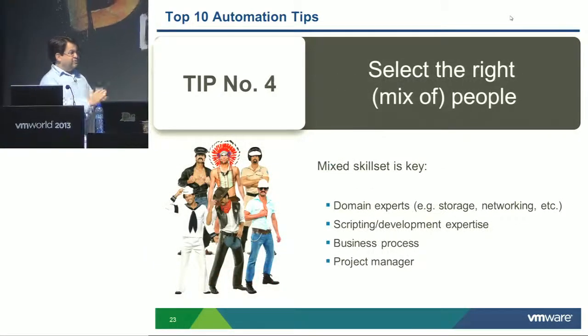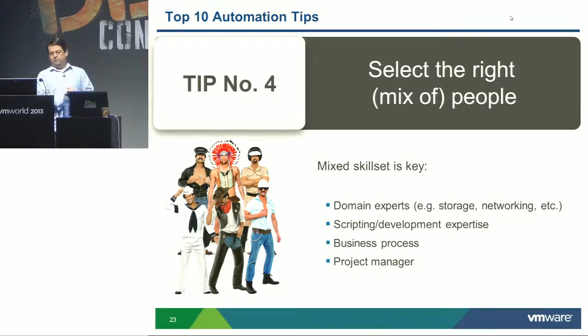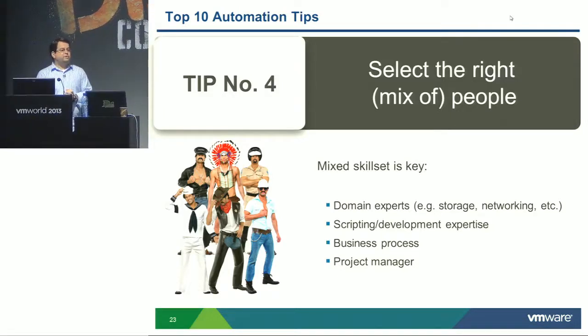The second thing is when you look at your automation projects, you've got to find the right selection of people, right? It's very rare to find a single individual that knows the domain very well, knows the automation technologies very well, and can also sell the project and its benefits internally. So we think it's essential to put in the right mix of people, where you've got domain experts, those people that will tell you what logic needs to happen in your automation routine.